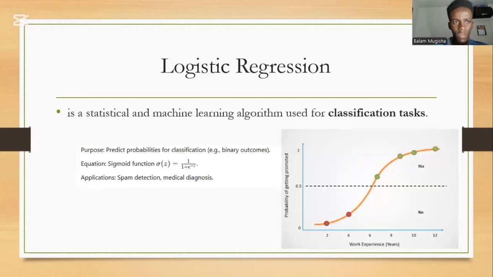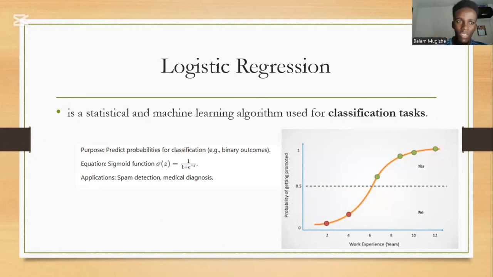So we have something called logistic regression. This is related to what you call sigmoid. Sigmoid is an activation function that helps us to introduce non-linearity in models. So remember, real world data is not as direct.